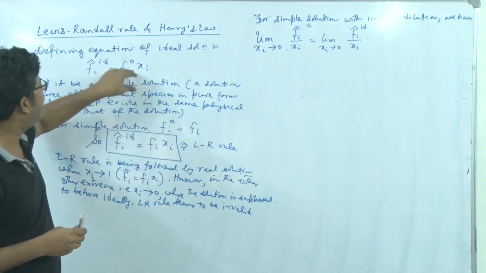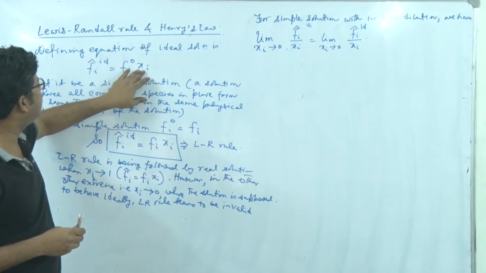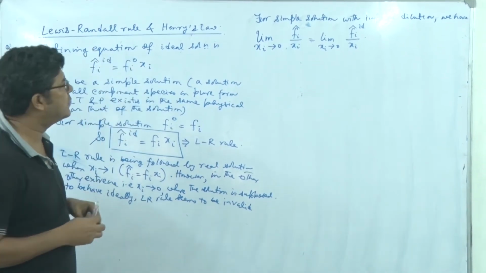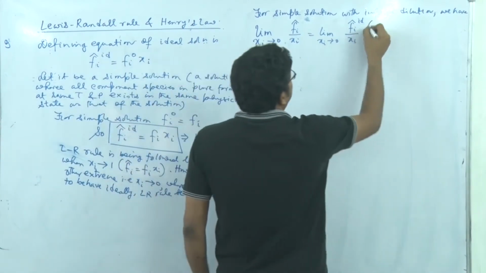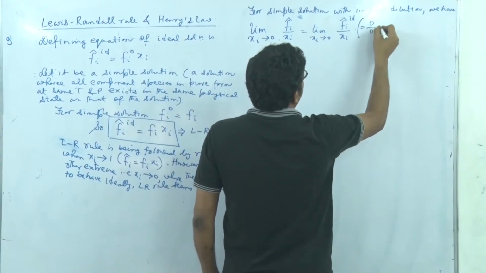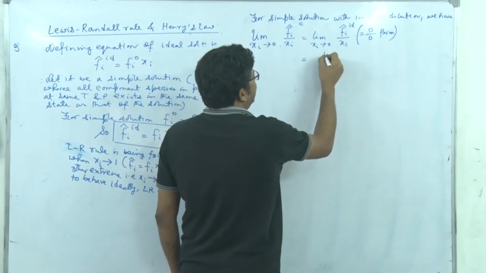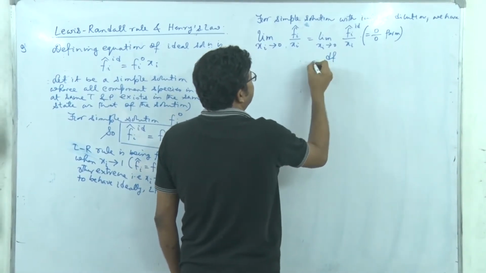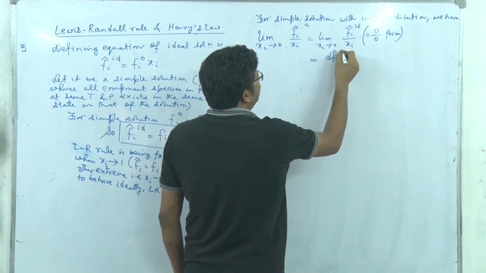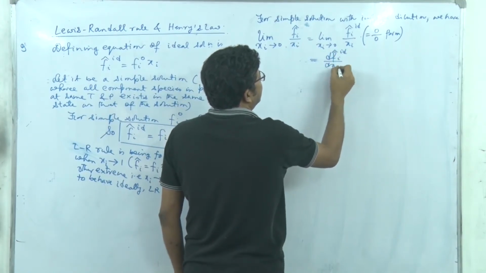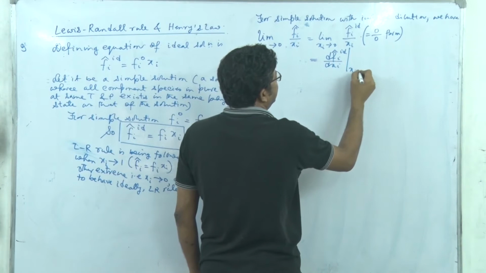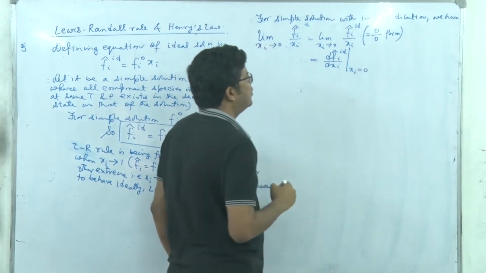So if this is valid, xi tending to 0 means Fi cap id is also tending to 0. So this is basically equal to 0 by 0 form. Okay? So L'Hospital is valid. So you can write that this is equal to d Fi cap id dxi at xi is equal to 0.